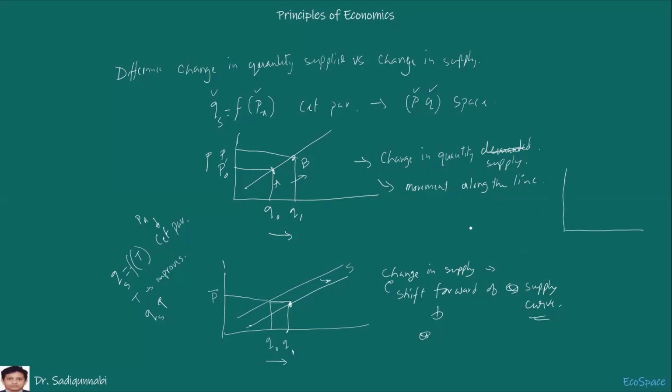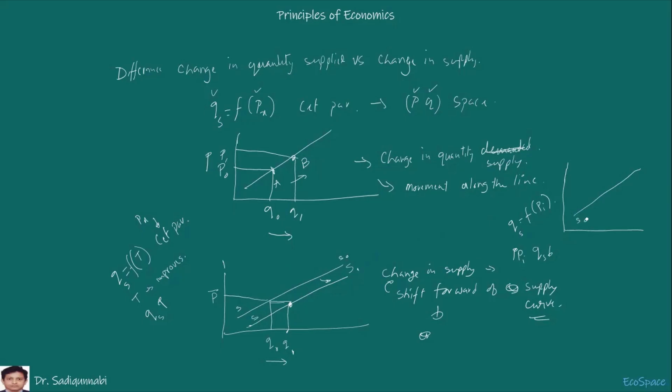What if QS is now a function of PI, that means price of inputs? So when PI increases, QS decreases. Okay, QS decreases because suppose labor's wage increases, then the producer will supply less. So here, if this is our original supply curve, supply 0, and this is supply 1.